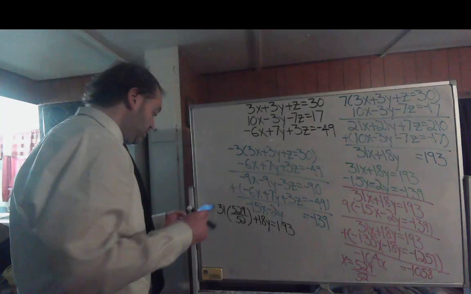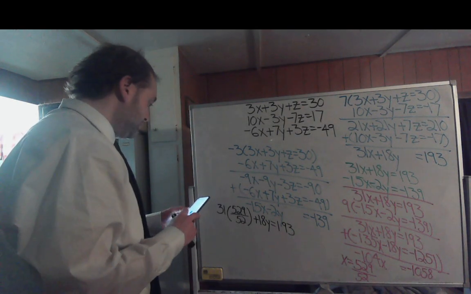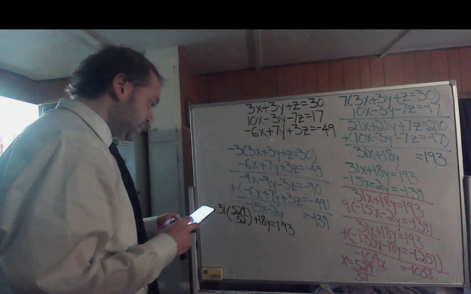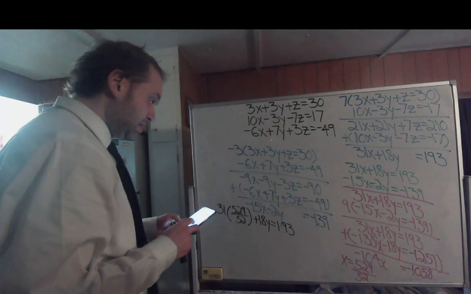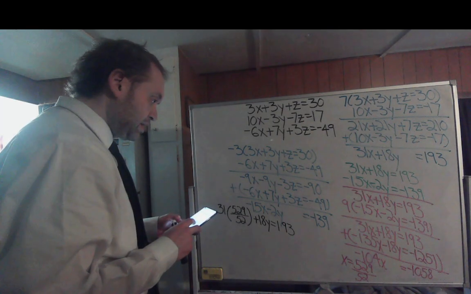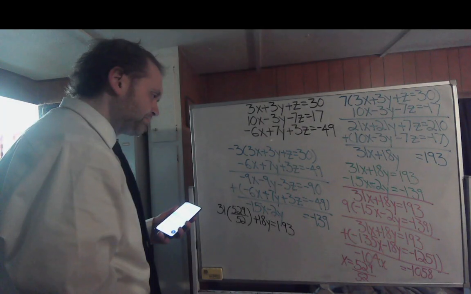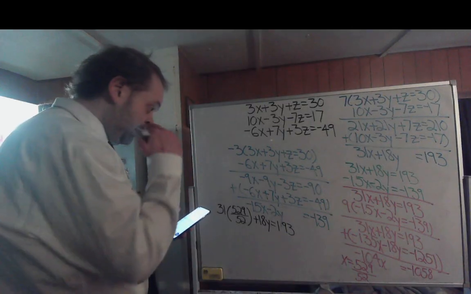Now we've got to figure out what 31 times 529 is. Yeah, that's right, 31 times 529.